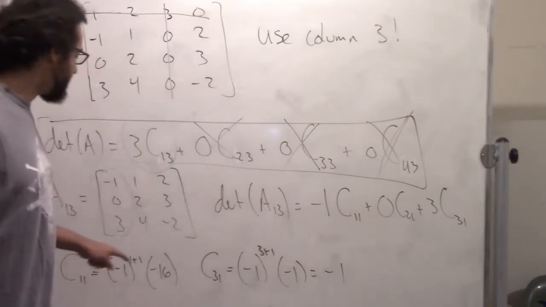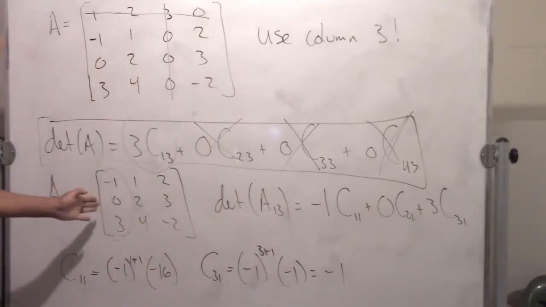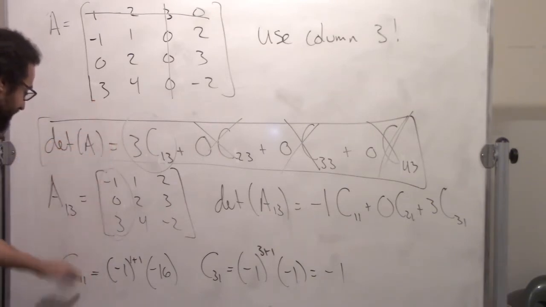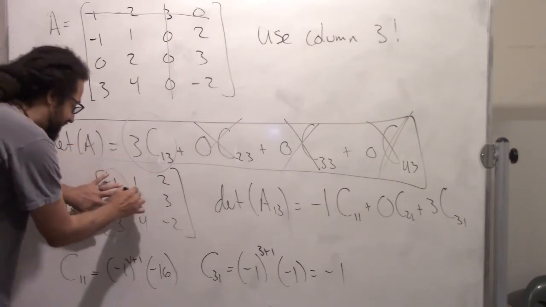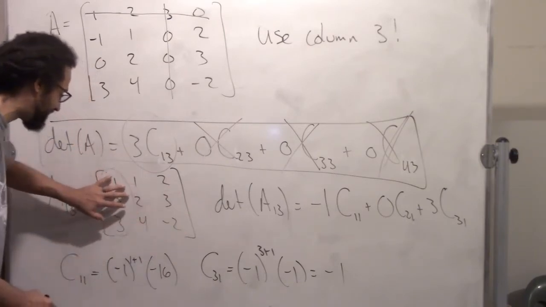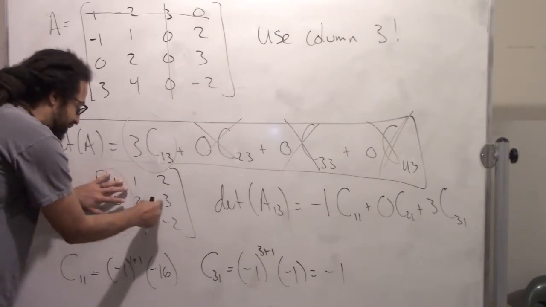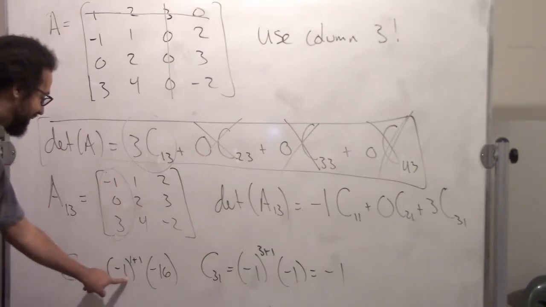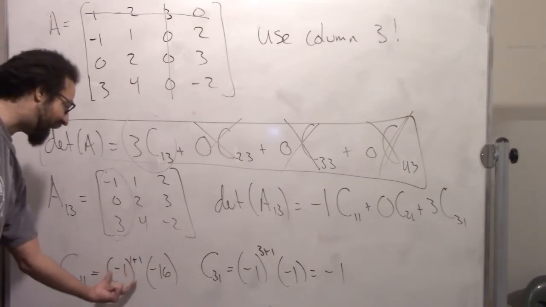So what is C11, the cofactor of the smaller matrix? We're going to X out the first row and the first column, and so we're left with this smaller 2 by 2 matrix, and its determinant is negative 4 minus 12, which is negative 16. And then we need to remember to tack on negative 1 to the 1 plus 1 power, so that's positive 1.